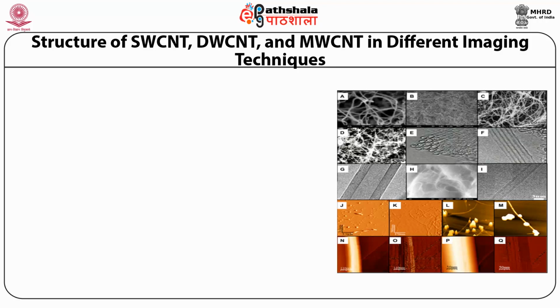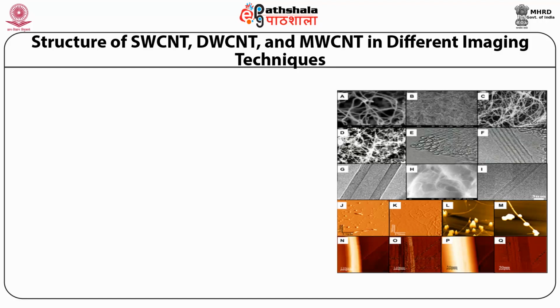Scanning electron microscope is one, transmission electron microscope is another, then atomic force microscope and scanning tunneling microscope are the newer microscopes which have been developed, with which we can visualize our nanotubes.